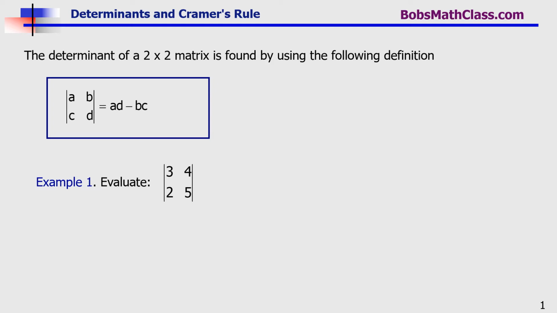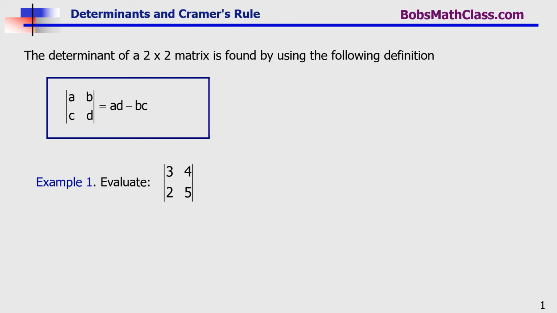So if we read this by rows, A, B, C, D, we're going to multiply A times D and then subtract B times C. So you're multiplying the diagonal and then subtracting the other diagonal going backwards. Kind of think of it that way.